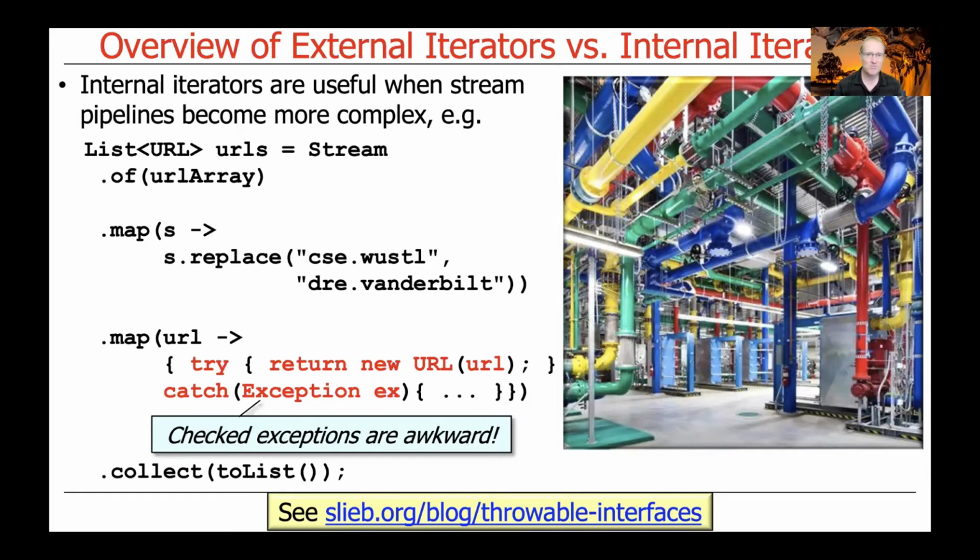And while that's very useful, to get an exception back from a constructor, a checked exception means that without doing anything to the contrary, we're forced into this really odd kind of try-catch ugliness inside of the body of the map parameter. And that's just ugly looking.